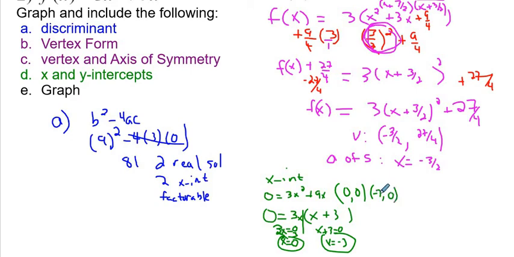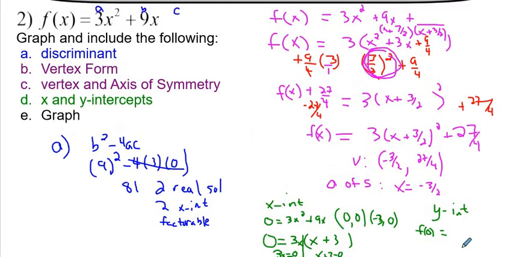One thing that's really interesting about 0, 0 is watch what happens when I do the y-intercept. When I find f of 0 and I plug 0 into the function, again, the function is 3x squared plus 9x, so I'm going to have 3 times 0 squared plus 9 times 0. Everything cancels out. Don't let that freak you out.